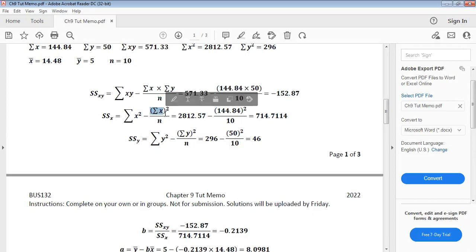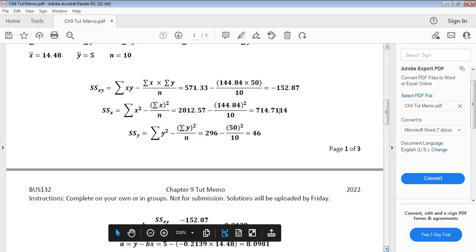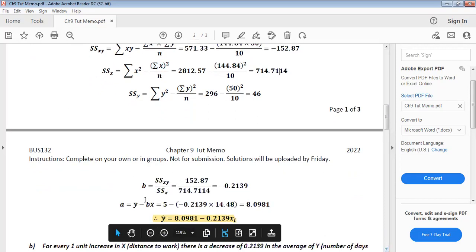It's not this one, it's different from this one. So you just punch in, find your values, and that's the answer. Then our b will be the sum of squares of xy divided by the sum of squares of x, and that's the answer.